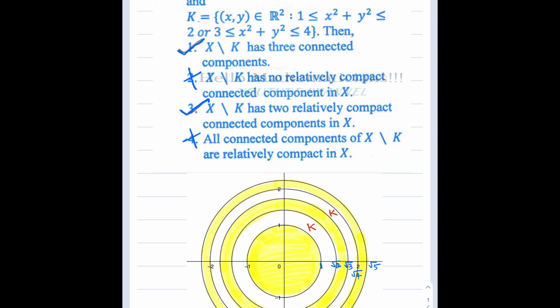And what is X? X is all the points lying strictly inside the circle of radius root 5.